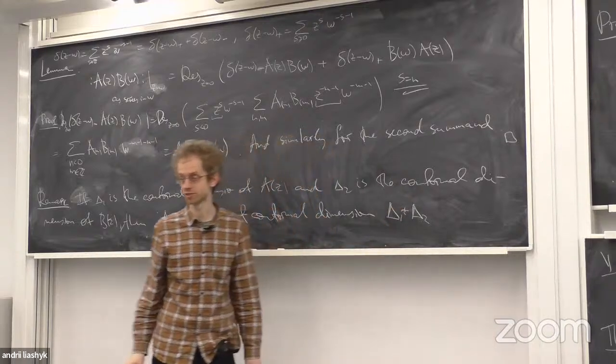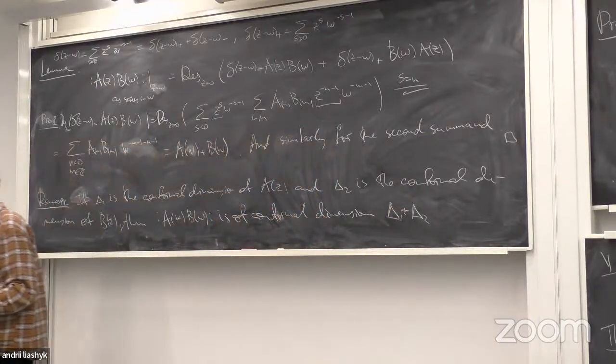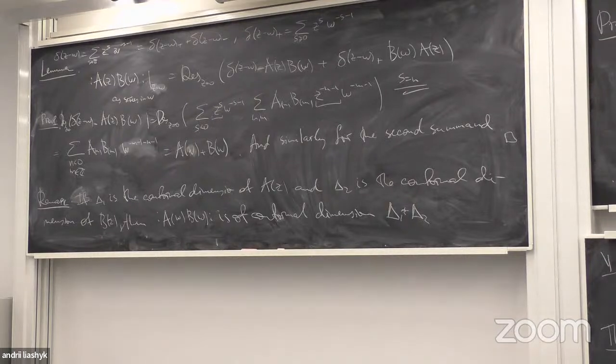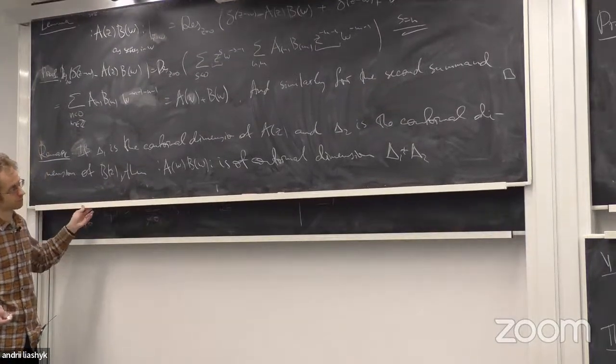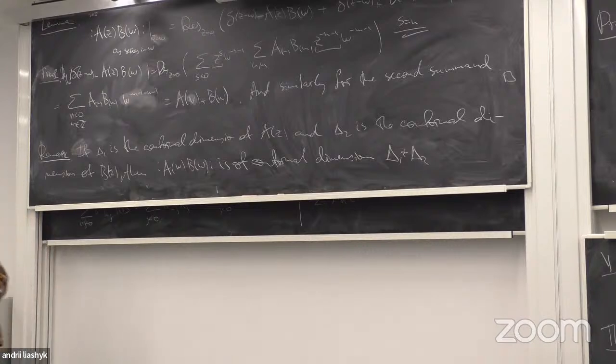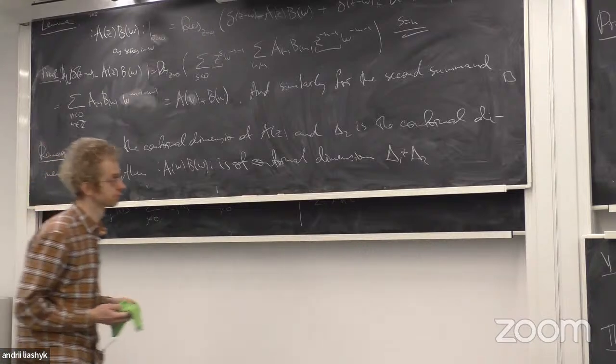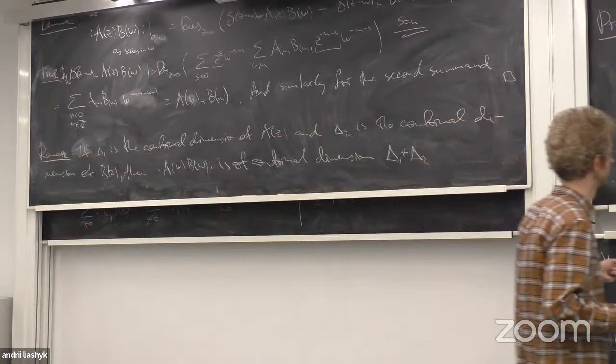Well, simply because we have products in our formula, and the degree of a product is the sum of the degrees. Okay, and the deltas, they enter linearly. Okay. So any questions?